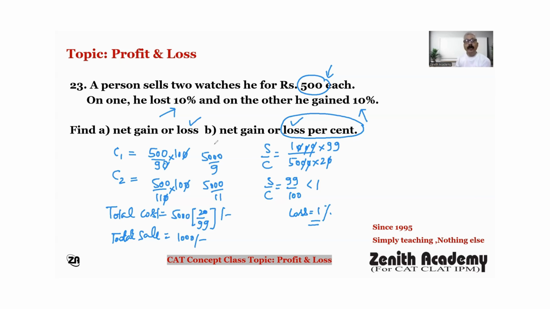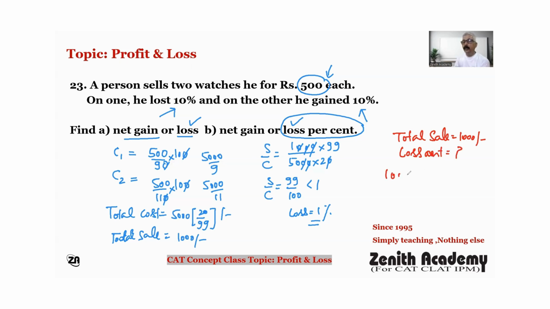So now the question is find the net loss also. So now it is very simple. You know, S upon C is 99 upon 100. So here 500, 500, in real scenario, the total sale is 1,000 rupees. And you have to find the loss amount. Okay.